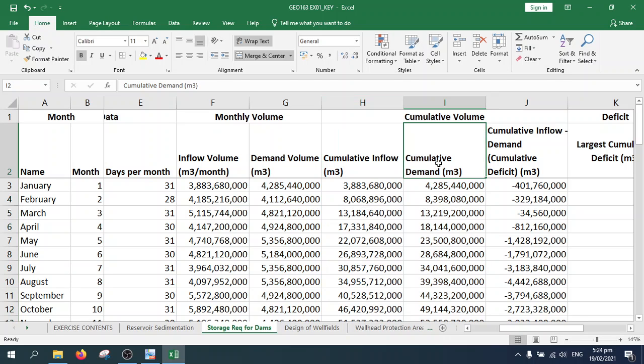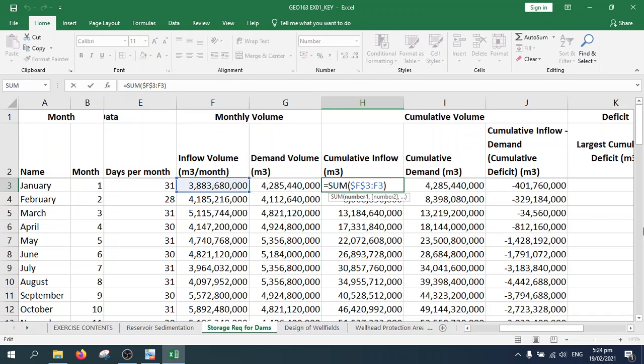Right. So anyway, to get the cumulative inflow and cumulative demand, all you have to do is just sum the values. So what I did here is I just used the sum formula, and the first entry is just the first data point to the first data point. So that's my range. F3 to F3.